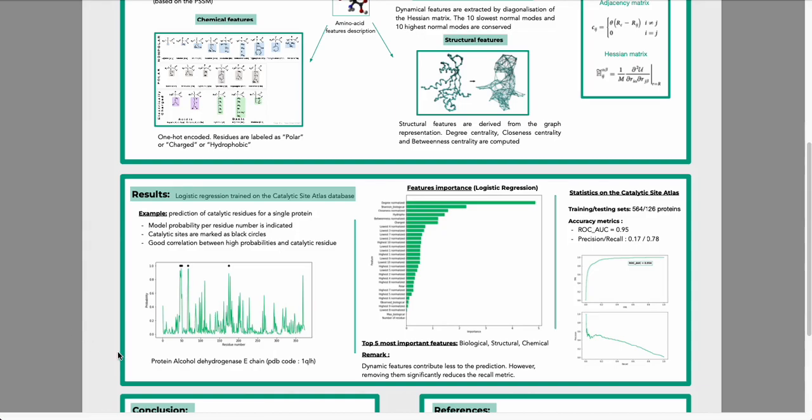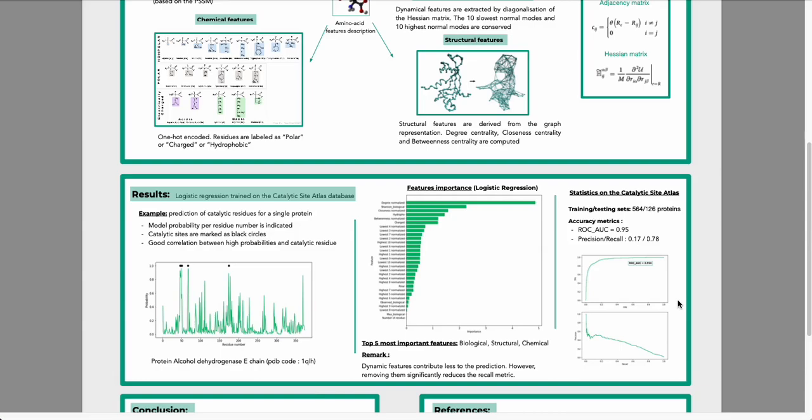We have on the x-axis the residue number and on the y-axis the probability of being catalytic or not. The annotated catalytic sites from the Catalytic Site Atlas are marked as black circles here. And as we observe, there is a good correlation between high probability and catalytic sites.